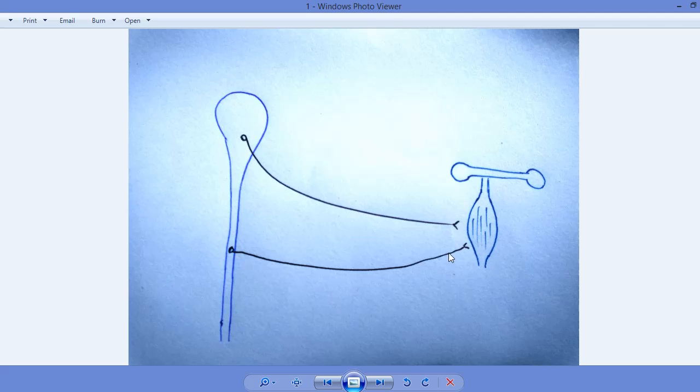The muscle of this organ is also connected with the spinal cord. So the system which connects this organ with the brain, or this organ with the spinal cord, is called the peripheral nervous system. The system which connects any organ with the central nervous system.